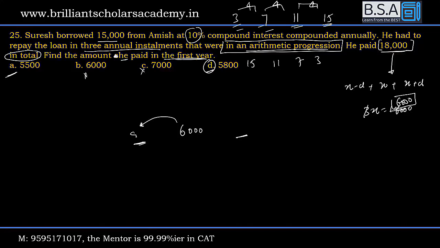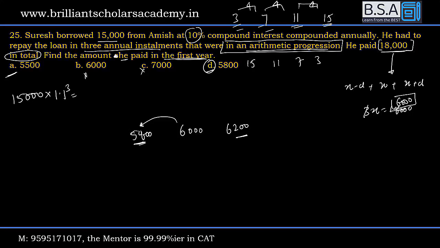If the value is 5800 for the first year, the next year value should be 6,200 because the gap needs to be the same. So let me apply the concept of installments and calculate the total value for you. 15,000 rupees when raised by 10% thrice gives me what amount?